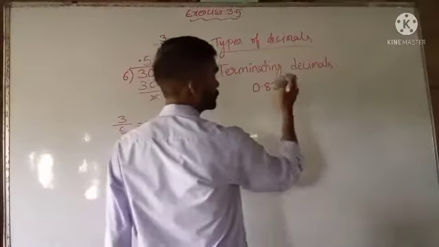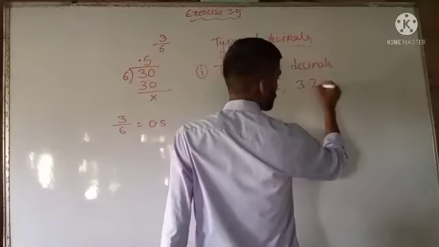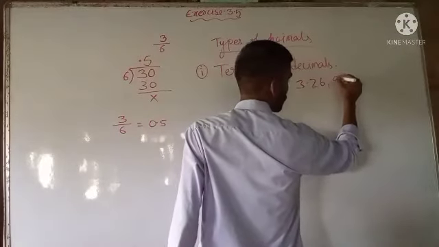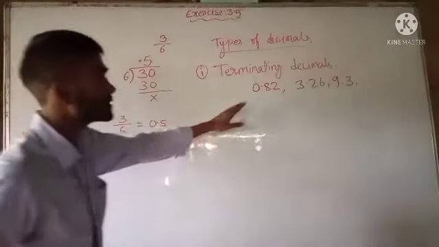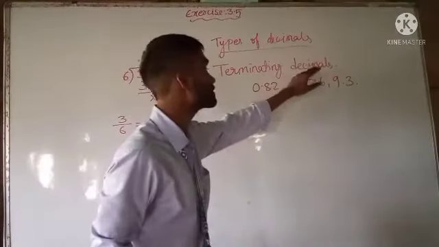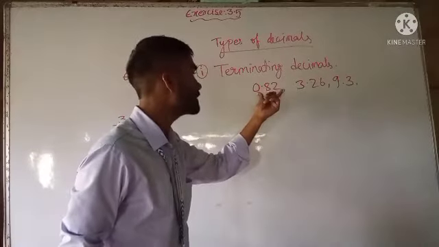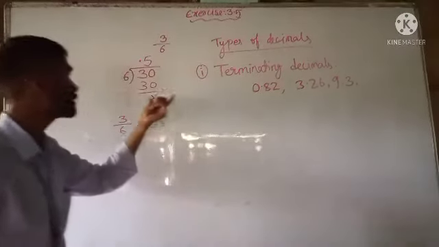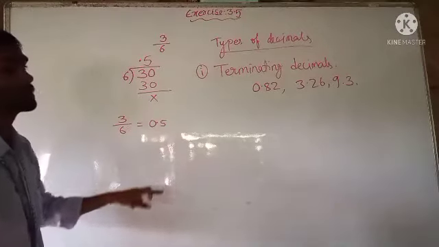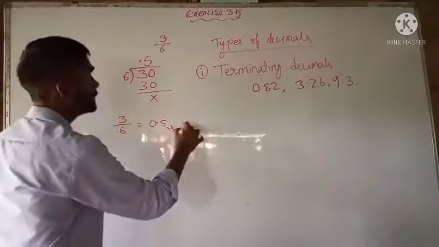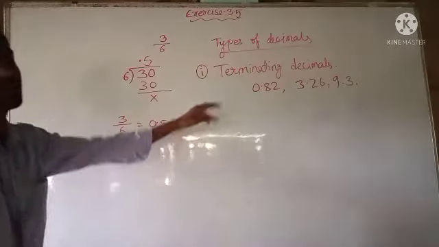We can also write 3.26 and 9.3 as examples. So these are examples of terminating decimals, where the division stops. Here also after the decimal point only one digit we got and the remainder is 0, so it shows a terminating decimal.